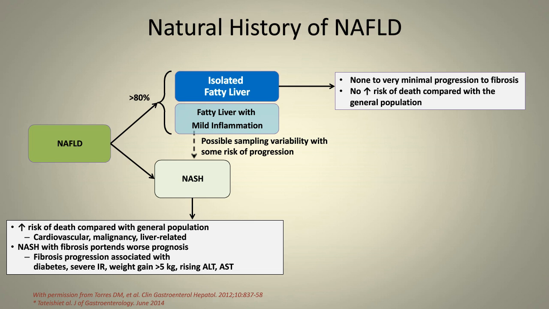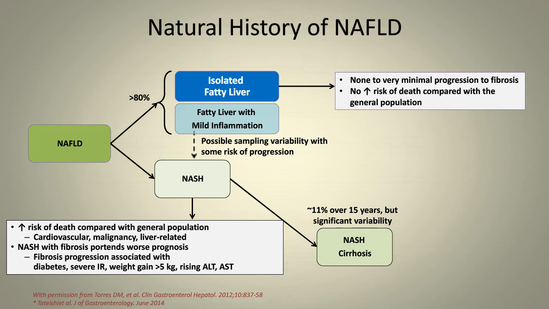We know fibrosis progression is associated with diabetes. In fact, about 40% of diabetics have NASH. We know that increasing weight gain and rising ALT are actually predictive of progressive liver disease. So, who progresses to cirrhosis? It's highly variable, but about 10 to 11% of patients with NASH will progress over 15 years.